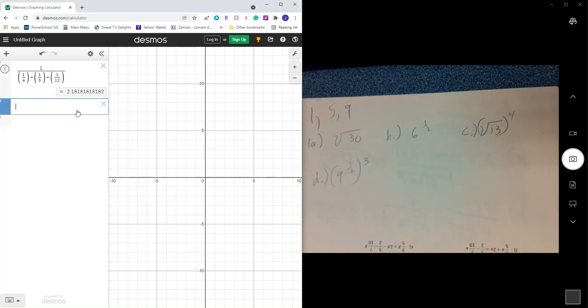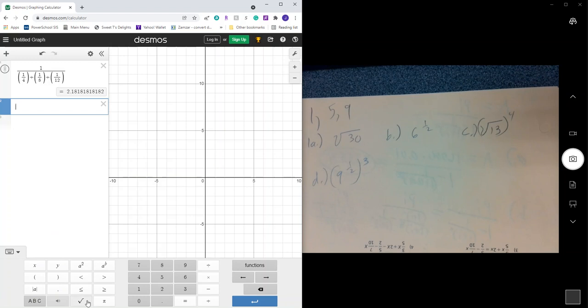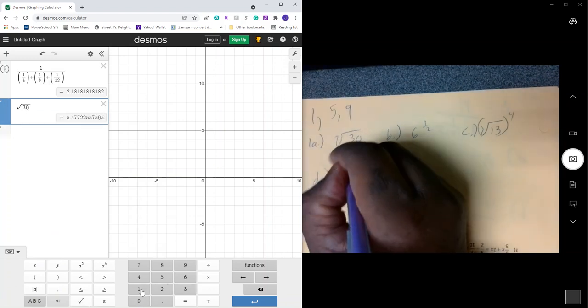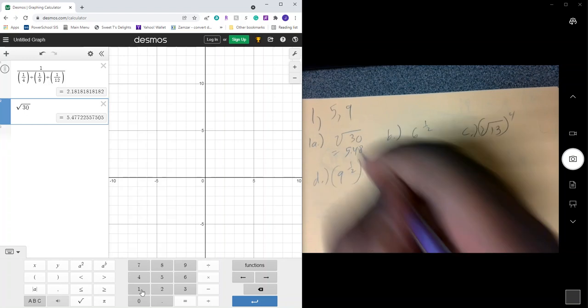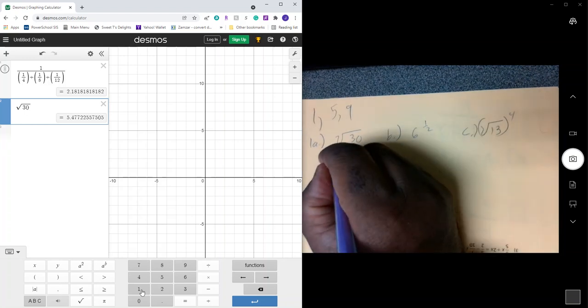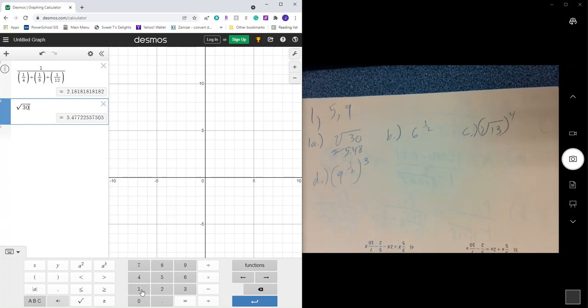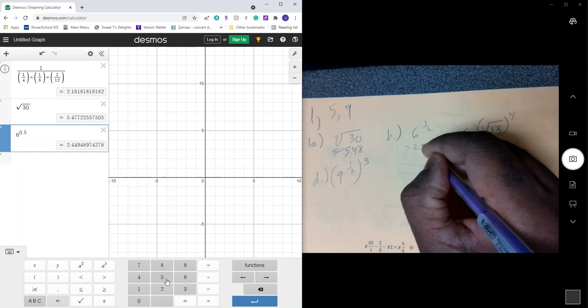So using our calculator here, we'll first do the square root of 30, and they said round it to the 100th. So this would be 5.48. That'll be approximately. And then 6 to the 1/2 power, we know 1/2 is really 0.5. So that'd be 2.45.